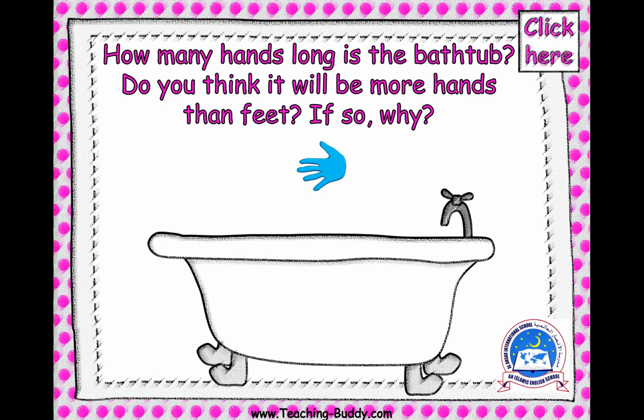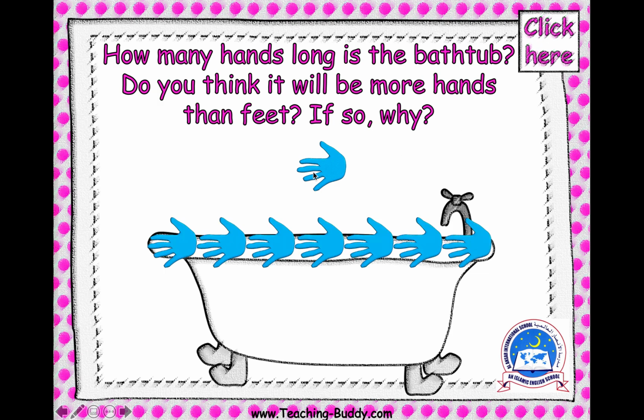Now, let's see, how many hands long do you think the bathtub is? Do you think this will be more than the feet? And why do you think so? I think we will be using more hands than the feet because our hands are smaller than the feet. But let's check. Let's see how many hands it takes to fit. Let's count. 1, 2, 3, 4, 5, 6, 7.